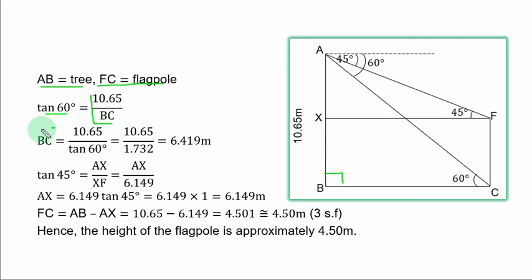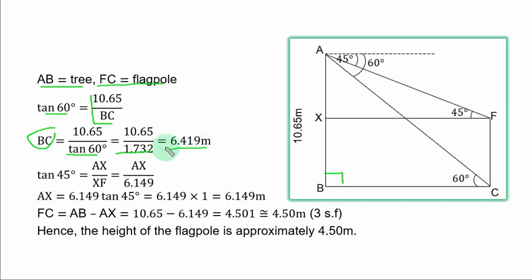If you make BC the subject, you have it in this form. When simplified and divided, you have 6.419 meters. So BC is equal to SF.